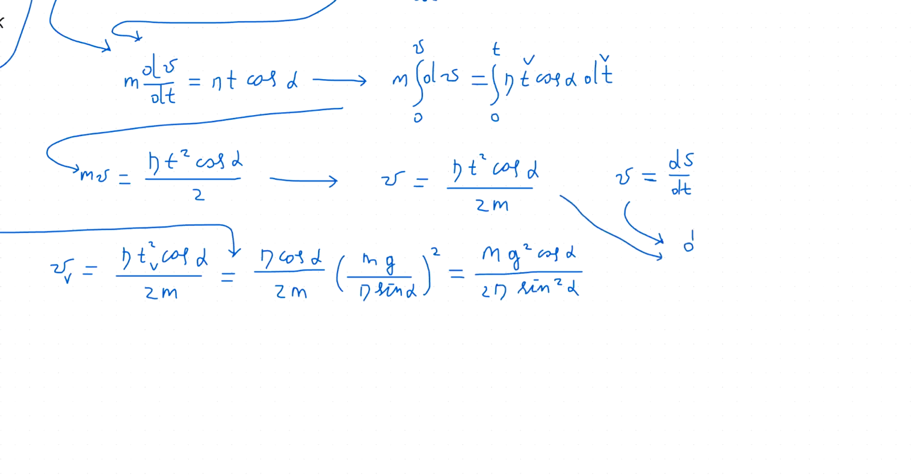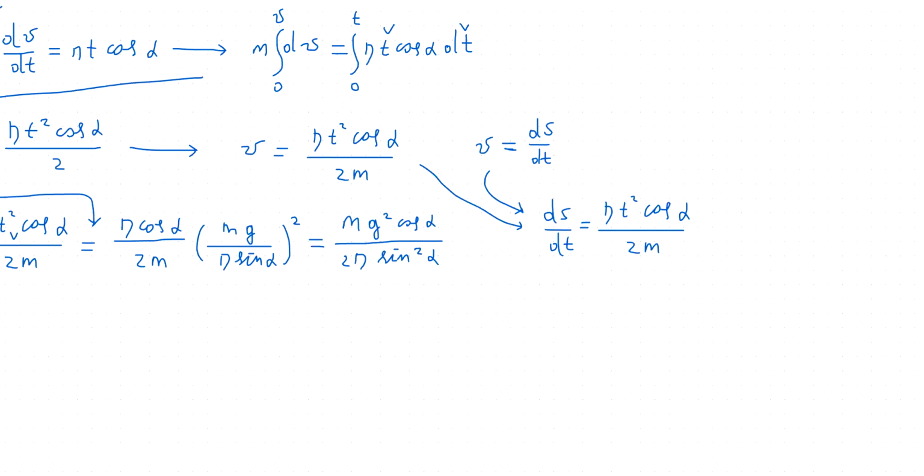ds over dt is equal to this. So first step is to separate variables.